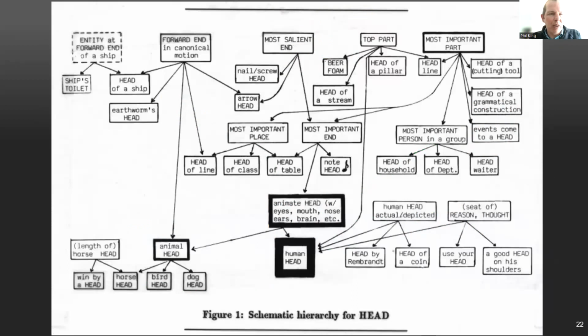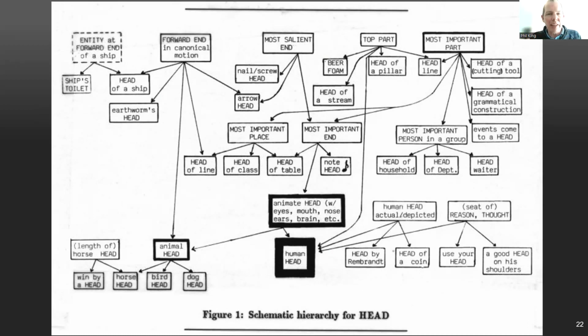Here's an even more complicated schematic network, which was done by David Tuggy, I think, on the use of the word head. Two things that are important to notice here, once we get this so large, are what the salient things are that stand out, or the important parts of this network.